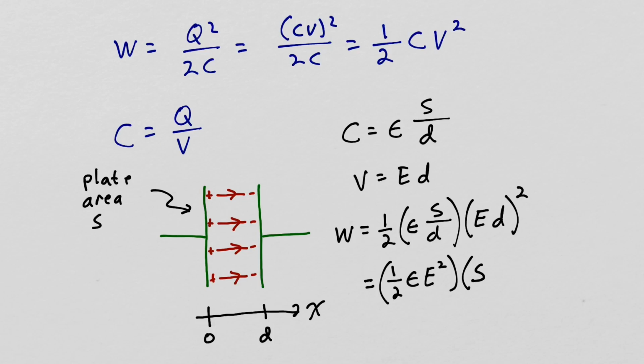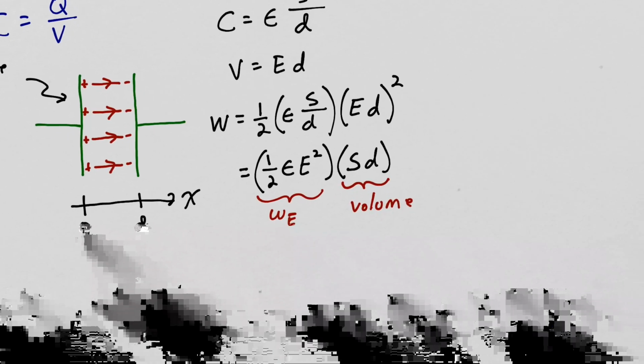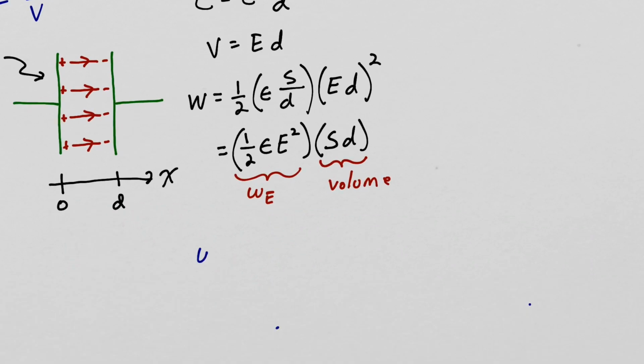The plate area times the plate spacing is just the volume of the capacitor. So this first term is the density of energy inside the capacitor. So the energy density in the electric field inside the capacitor is 1/2 times the absolute permittivity times the electric field intensity squared.